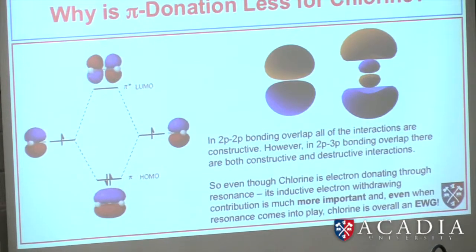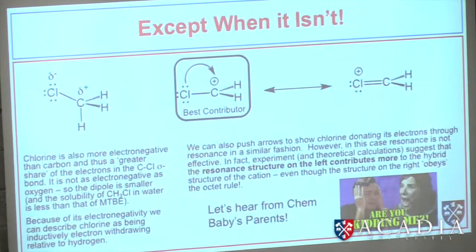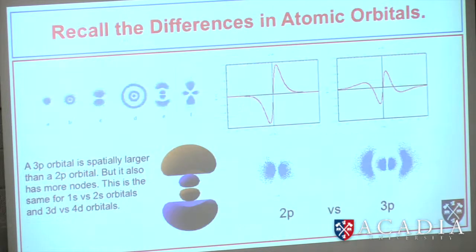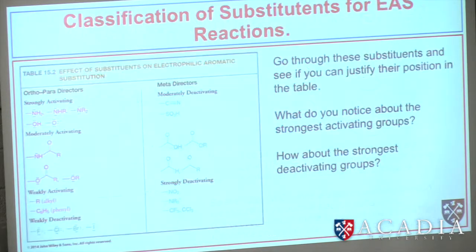So that's why, for these cations, we talk about that being a better contributor than the one on the right. Now, as it turns out, this is a very unstable carbocation because of that, because you don't get as much pi stabilization or pi donation to that empty p orbital.